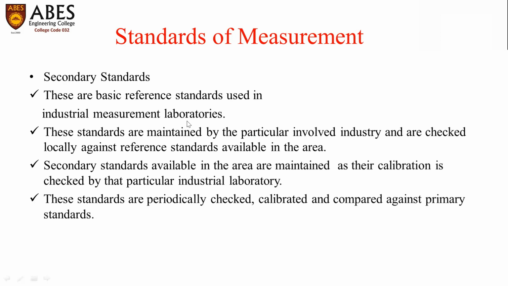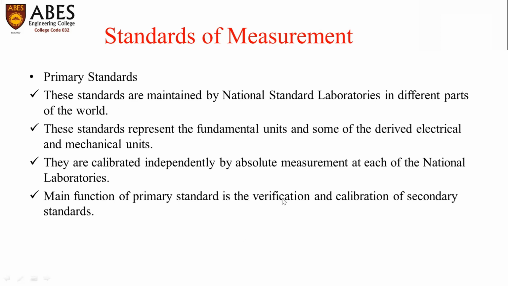These standards are periodically checked, calibrated, and compared against primary standards. As I have already told you, primary standards have the main function of verification and calibration of the secondary standards.